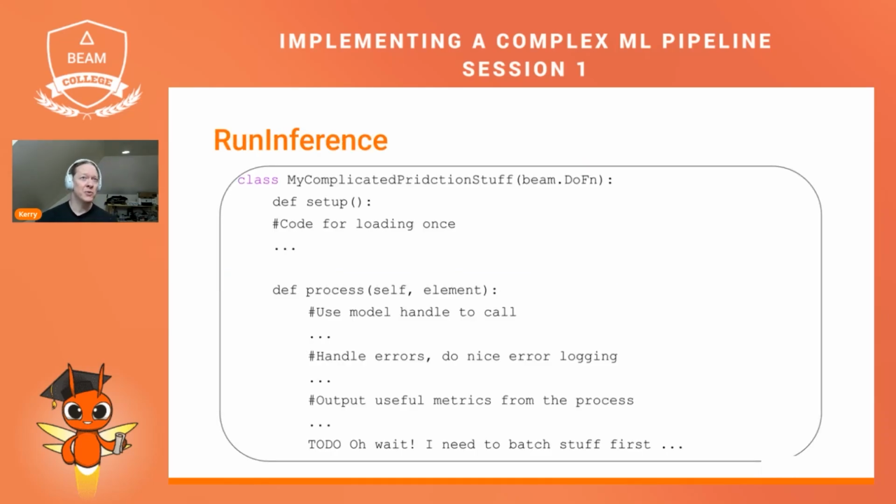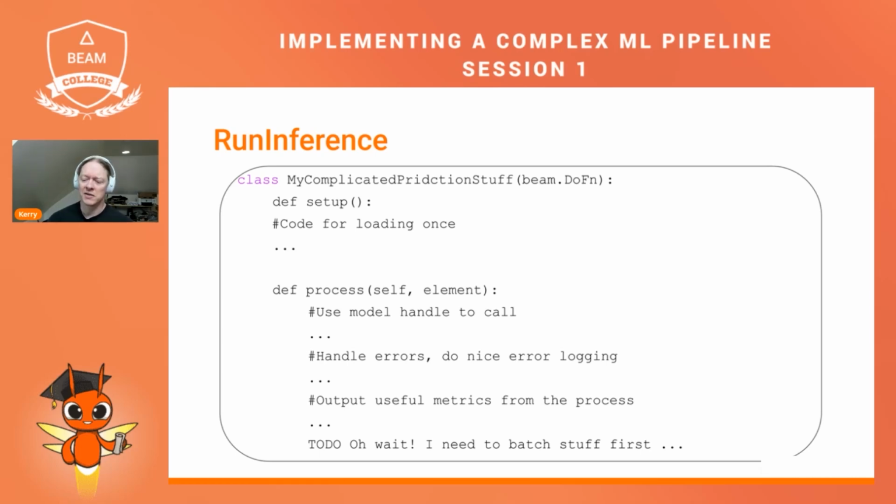The main tool we will use in this pipeline is our run inference transform. The run inference transform is, as I said, the workhorse, the main transform we use when we're doing machine learning in Beam in a pipeline.